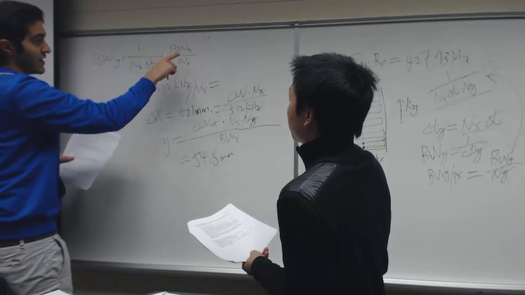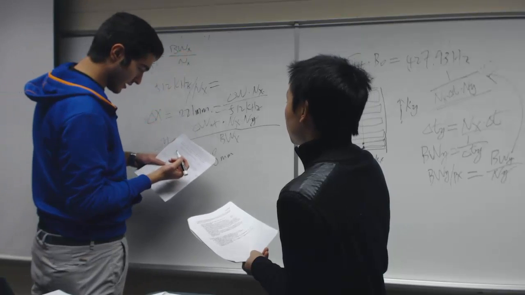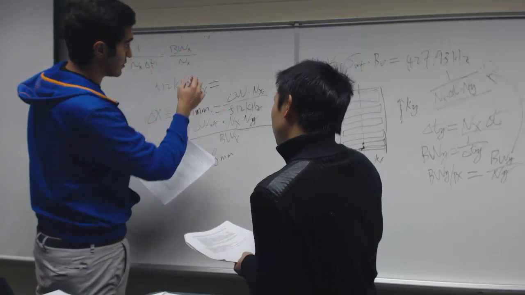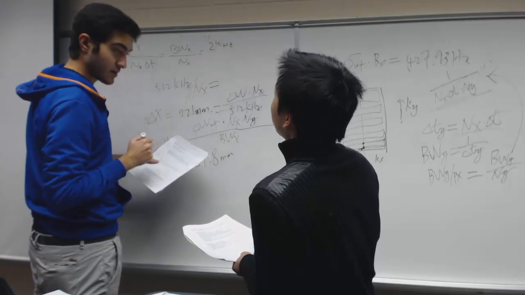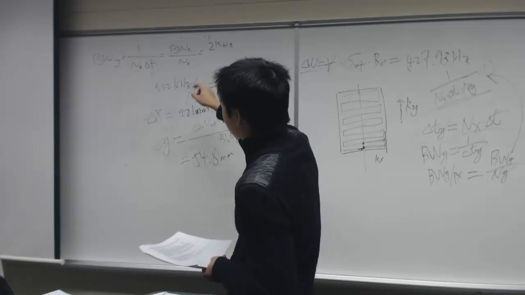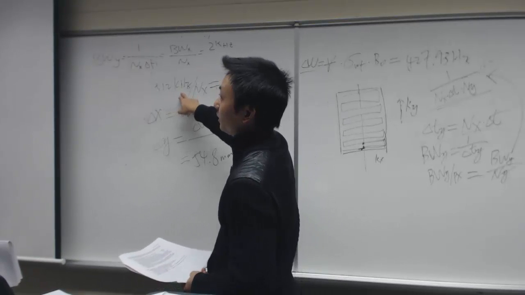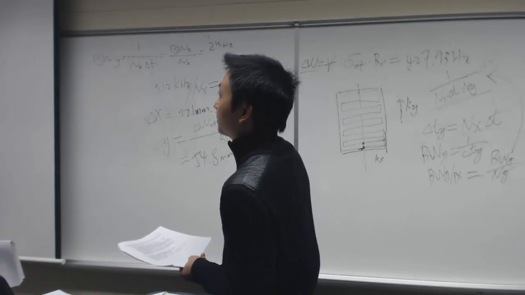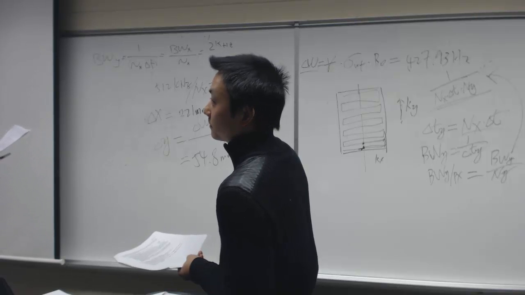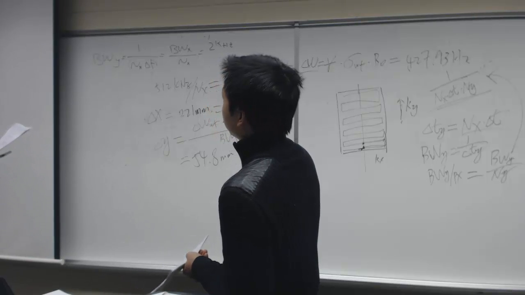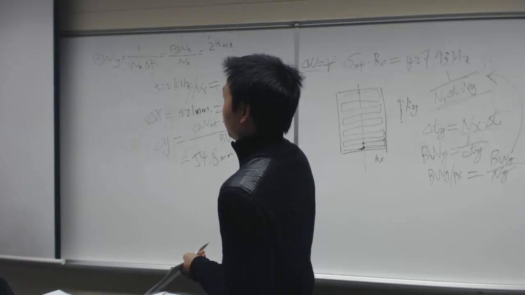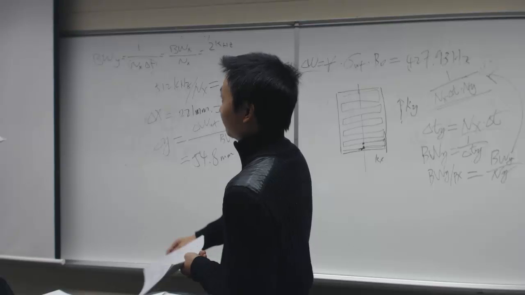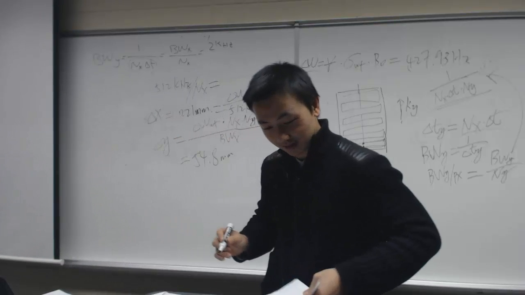That's right. And bandwidth x, I calculated here, and I think it would be 2 kilohertz. No, bandwidth x here is 212 kilohertz. Bandwidth per voxel. Yes, it's 2 kilo. Oh. Yes. Okay. Sorry.